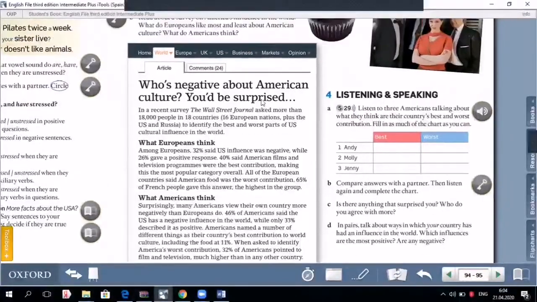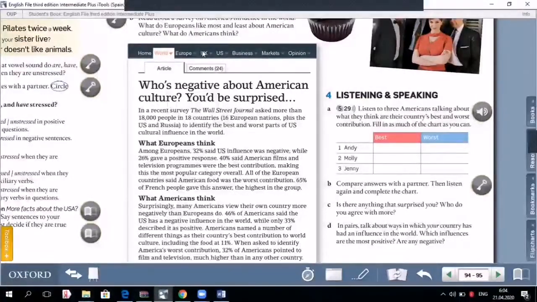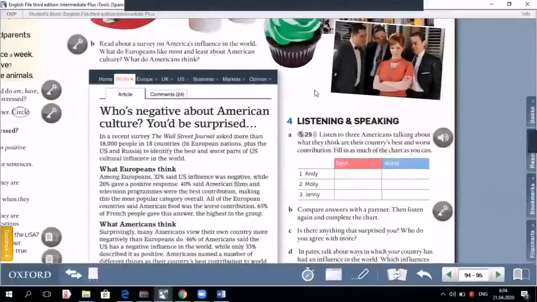This is the survey. You see, it's taken from the journal this year, the Wall Street Journal. Who's negative about American culture? And from this part, we know that Americans' opinions are different from Europeans' thinking. Now, let's listen to this listening.